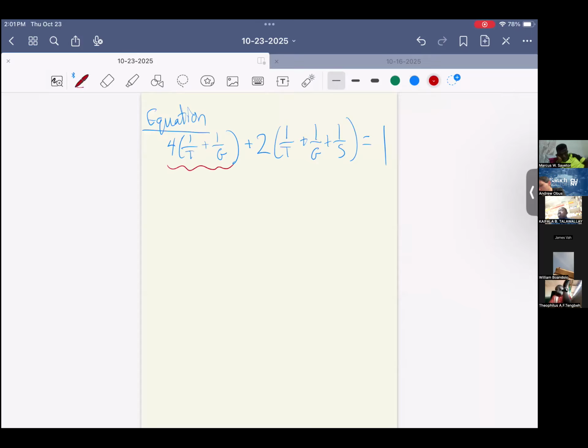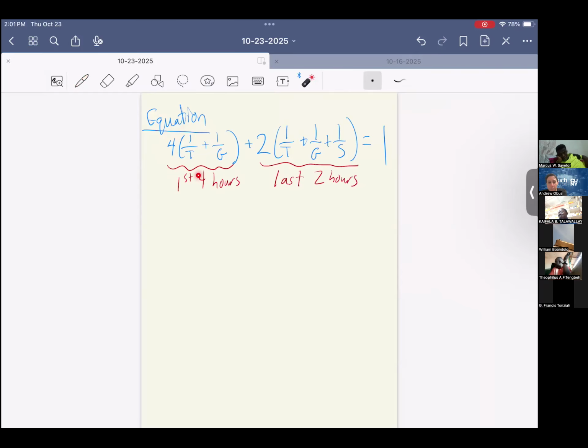Right? So this is the first 4 hours, and this here is the last 2 hours. This is how much of the fence gets painted in the first 4 hours, this is how much gets painted in the last 2 hours, and at the end, they finish the fence.